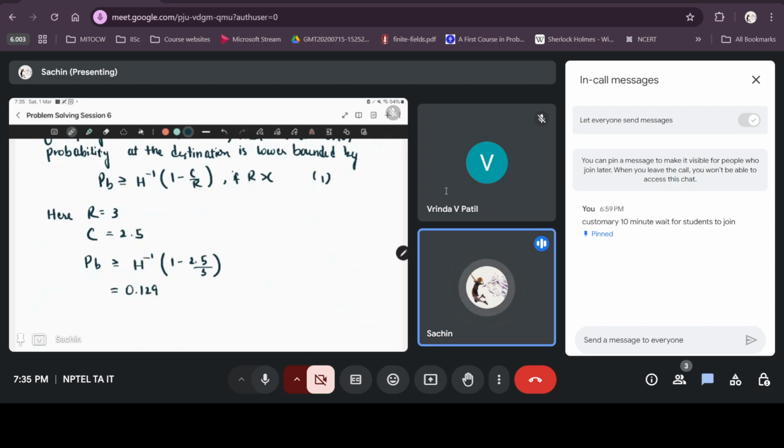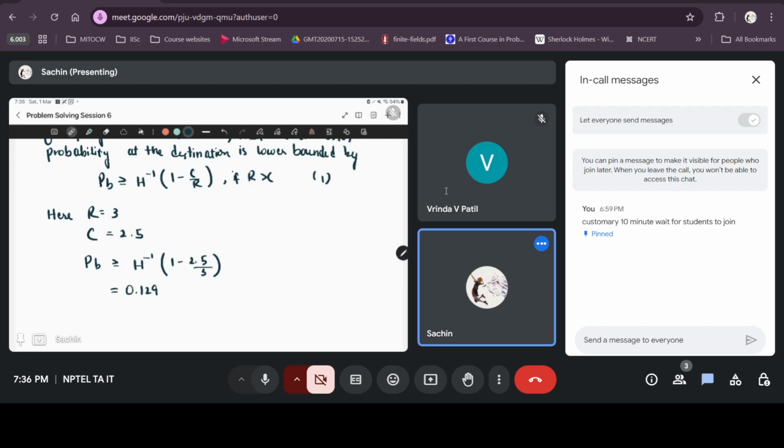So first thing to note is that they're asking for a lower bound. It will be some lower bound that has been taught in the lecture. Even if other lower bounds exist, unless it has been done in the lecture, you shouldn't use other lower bounds. Second, to find H inverse, unless it's a straightforward calculation, if it's from a table or something like that, then the value will be given to you if it's during an exam.